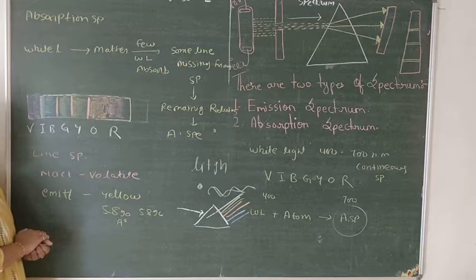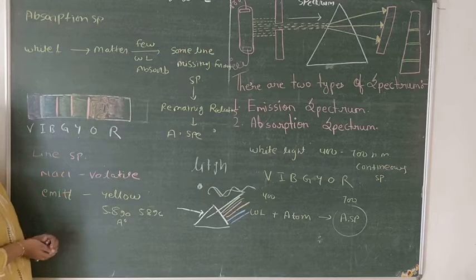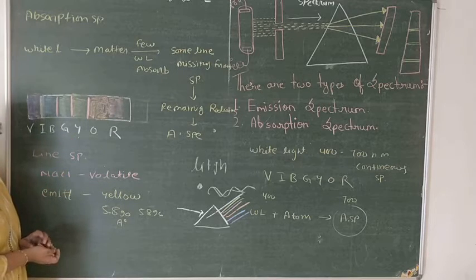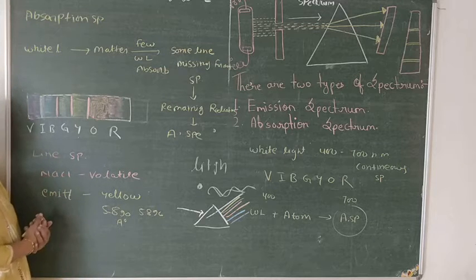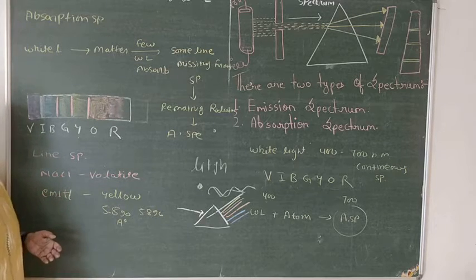Now I am coming to the types of absorption spectrum. There are two types. First is the continuous spectrum and second is the line spectrum.